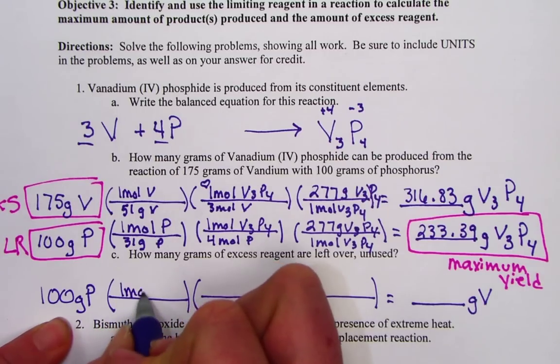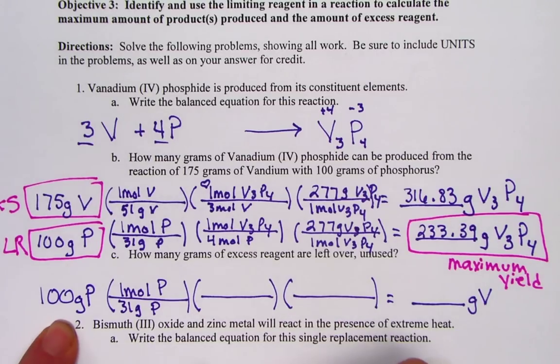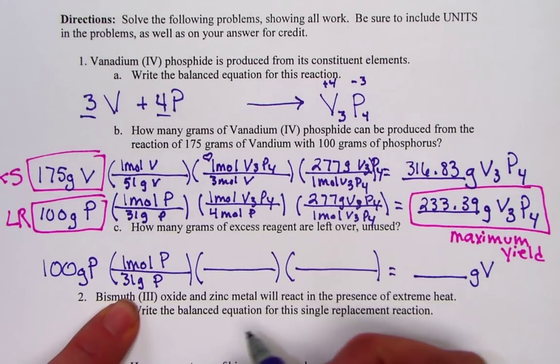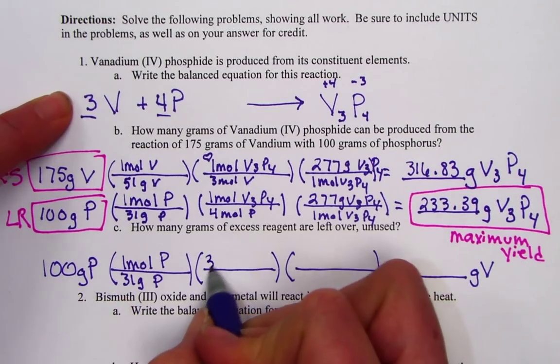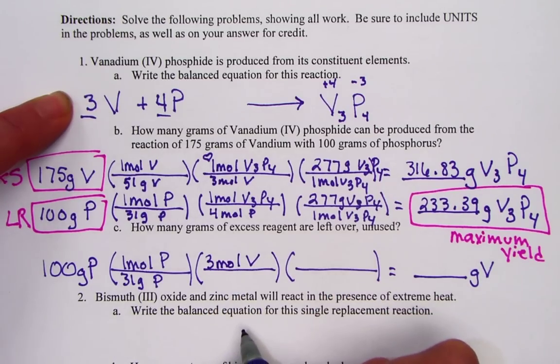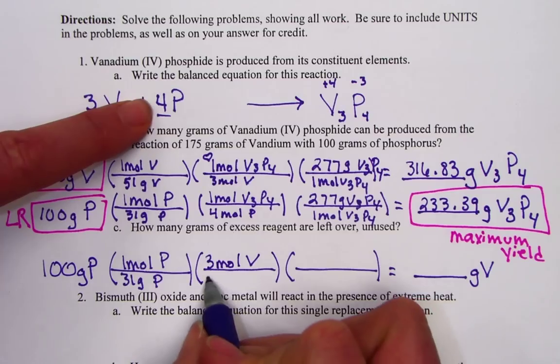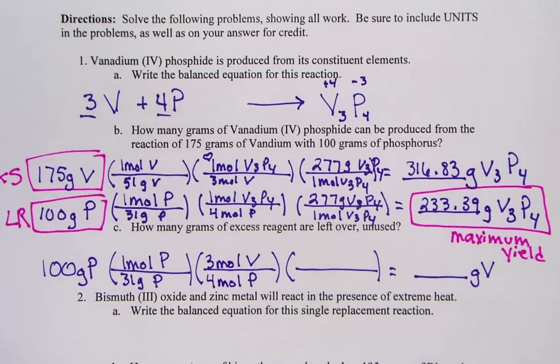We'll use our divide, ratio, multiply with 3 steps to stoichiometry. In our first conversion, I used 31, the molar mass of phosphorus. We want over given, we want the excess reagent. Its coefficient is 3 moles of vanadium, set over 4 moles of phosphorus, a 3 to 4 stoichiometric ratio.